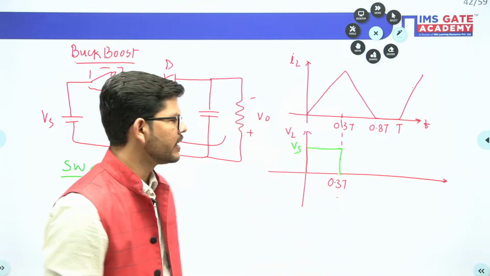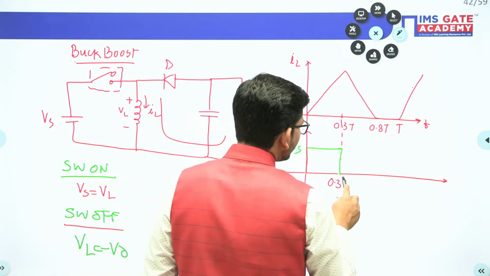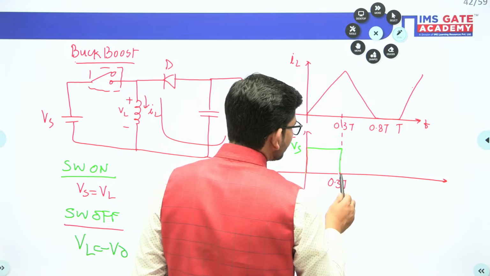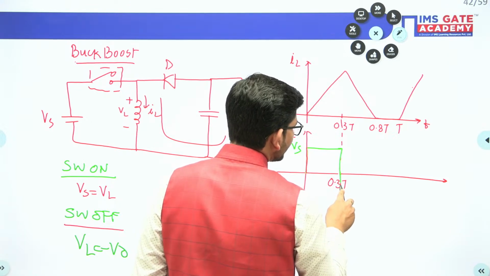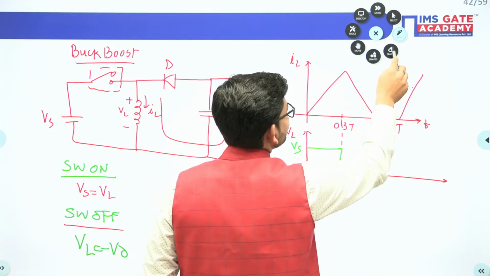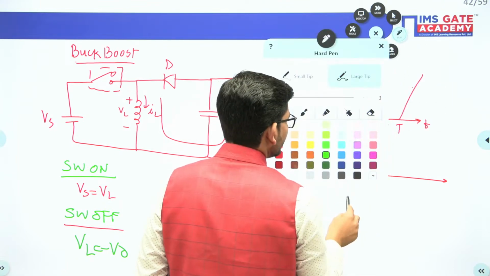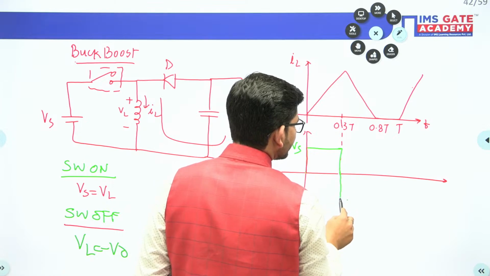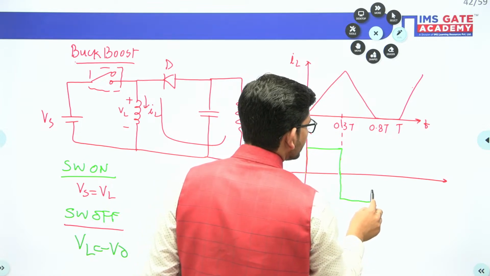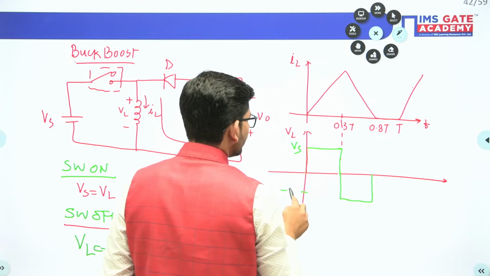The inductor will release its energy. So at that moment, what is the inductor voltage that you have? It is equal to minus V naught.